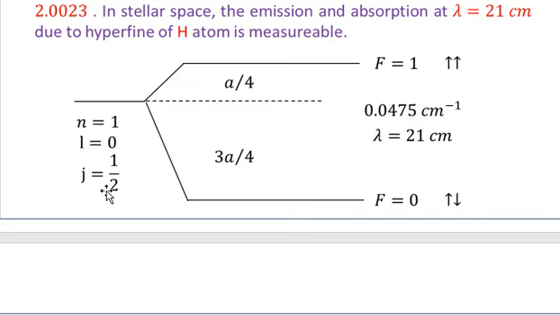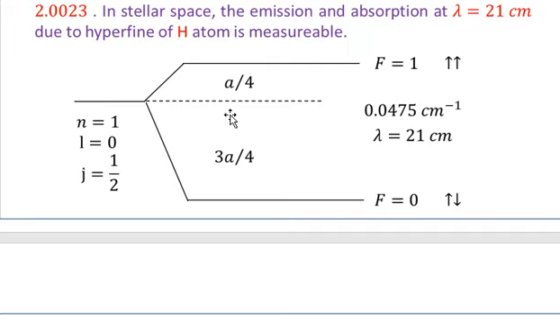The total quantum number J is equal to 1/2, because L is equal to 0 and the spin quantum number S is also 1/2, the spin quantum number of the electron, because there is only one electron in the hydrogen atom. So if you combine L and S, you get a total quantum number J of the electron equal to 1/2 in the hydrogen ground state.